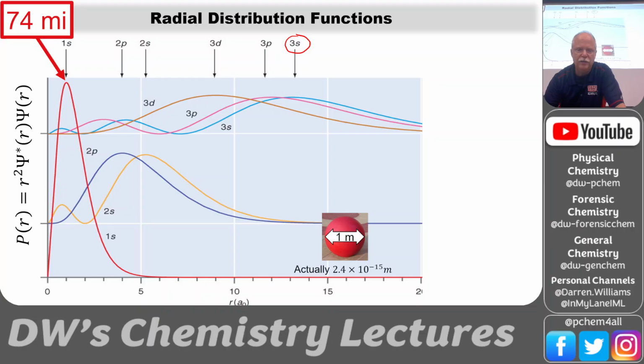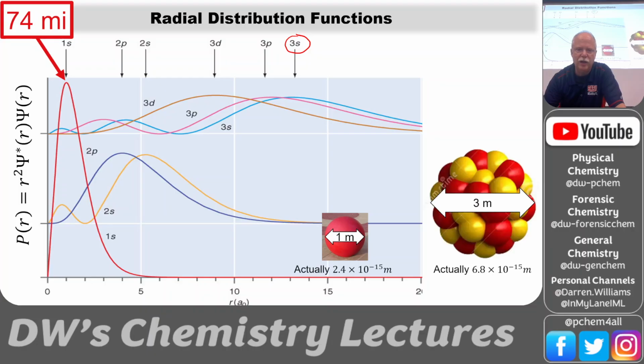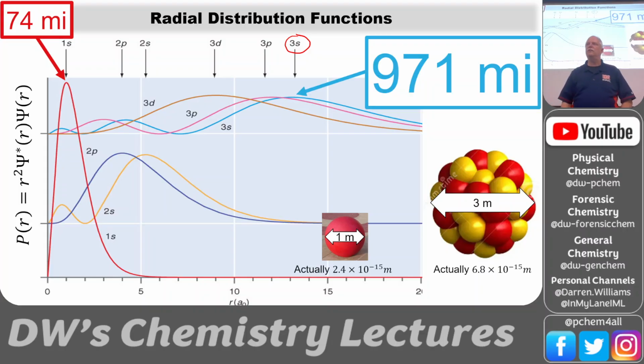And so if hydrogen is 74 miles across, sodium's nucleus is only about 3 times bigger than that ball at Target. So it'd be 3 meters wide, so maybe about the size of this desk. So if this is the nucleus of a sodium atom, its radius would be 971 miles. So that's the valence electron on sodium.